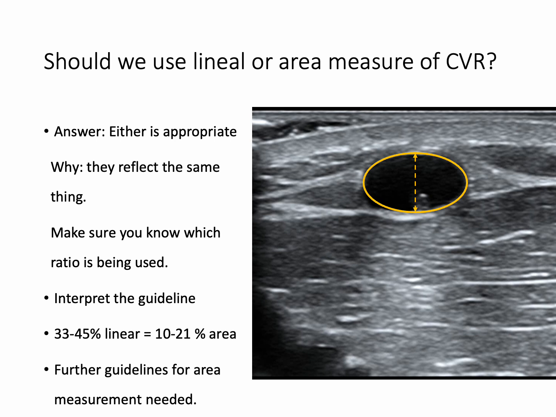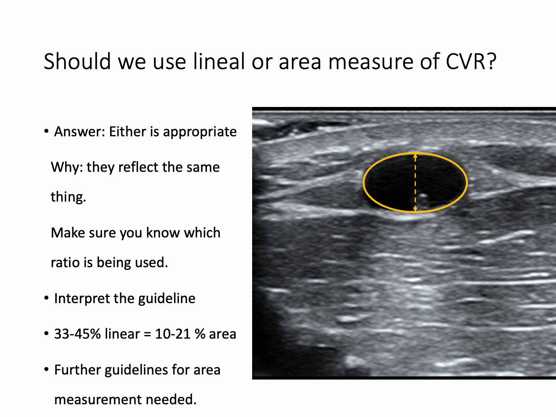So either measurement is appropriate as long as you are using the same method of measurement every single time. They reflect the same thing, and it's important to make sure that when you are documenting catheter vessel ratio, that you are clear in how you have obtained your catheter vessel ratio measurement.